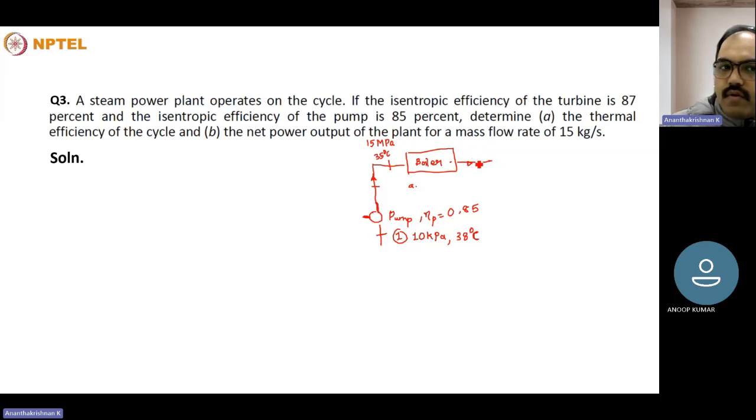Then it gets heated up, becomes superheated, and the pressure remains the same, constant pressure process, 15 MPa and 625 degrees Celsius. And this is state point 2, and this is state point 3.